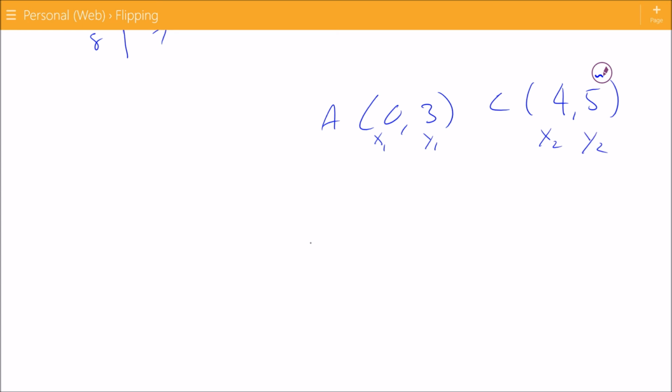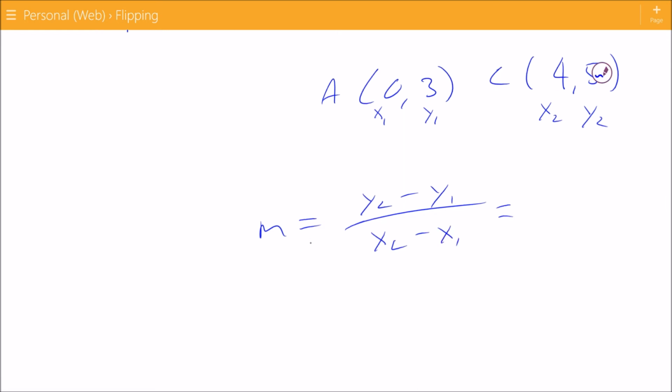I could have my slope equal to y2 minus y1 over x2 minus x1. Plug in. So I've got y2 is 5 minus y1 is 3 over x2 is 4 minus x1 is 0.